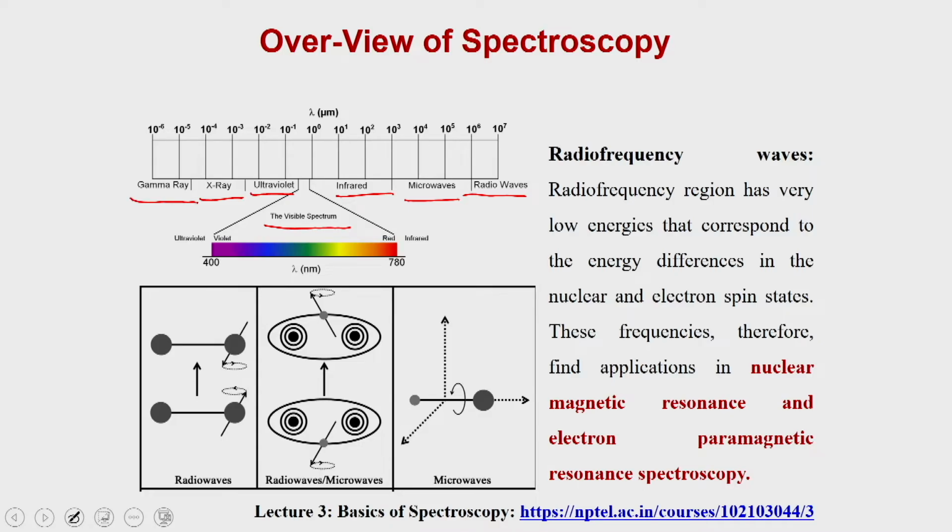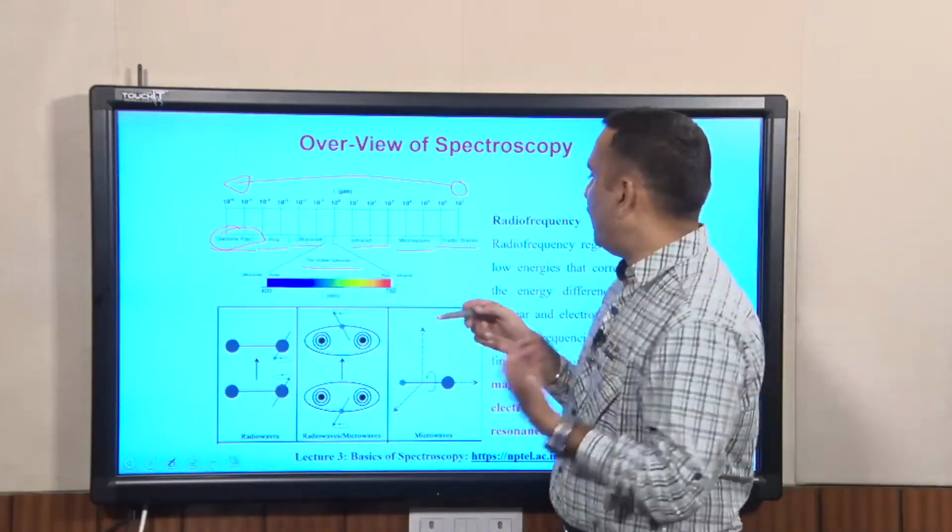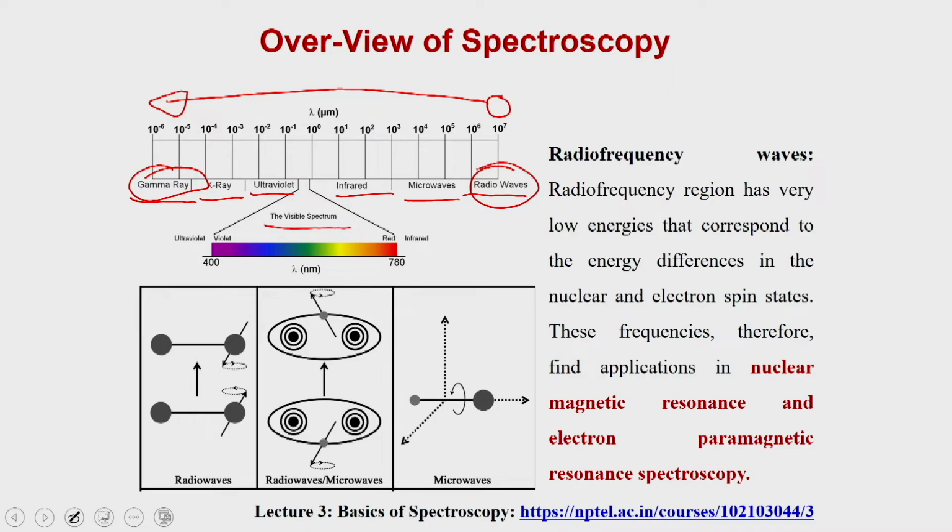If you put the values in terms of energy, this is the lowest energy and it increases in this fashion, which means the gamma rays have the highest energy, whereas the radio waves contain the lower energy.